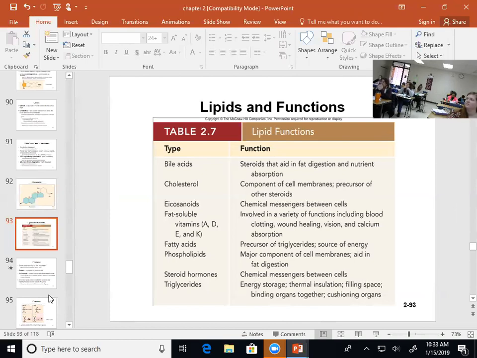So let me tell you, for everything that has to come into the cell, there has to be a protein receptor that recognizes it. So with people who have familial hypercholesterolemia, they don't make those receptors. So there's no doorway for the cholesterol to come in. So where does it stay?